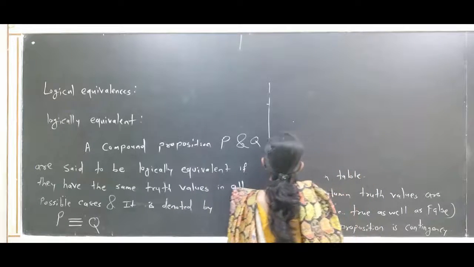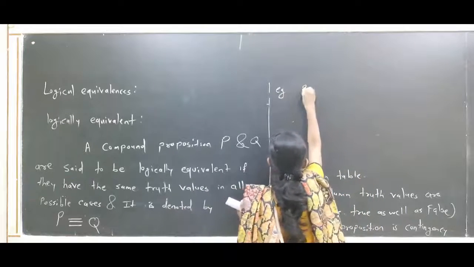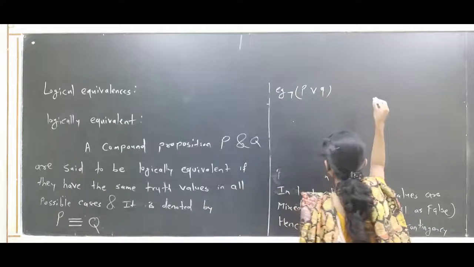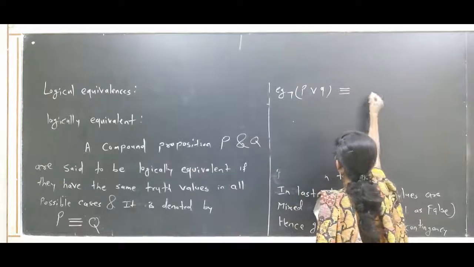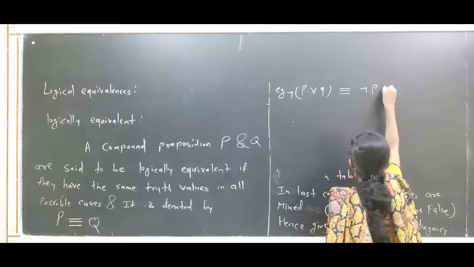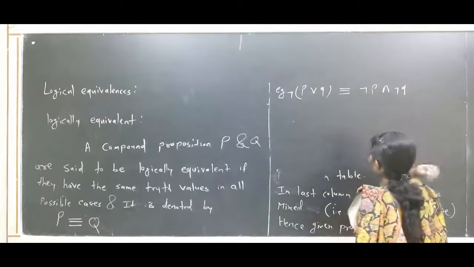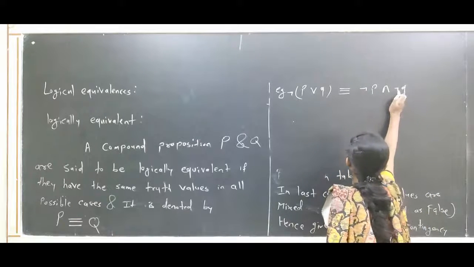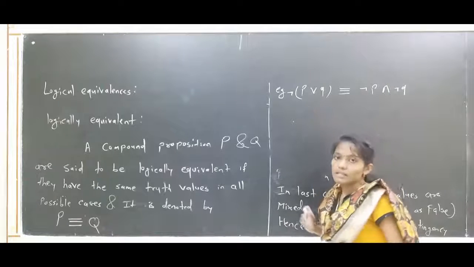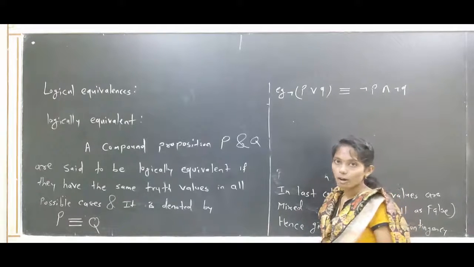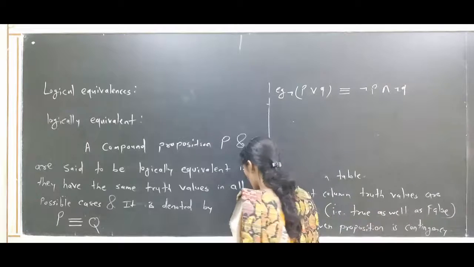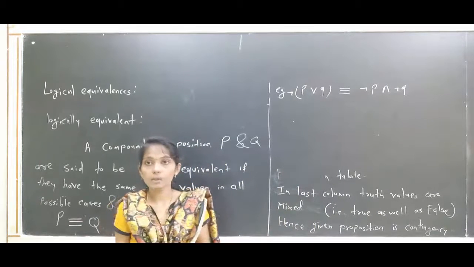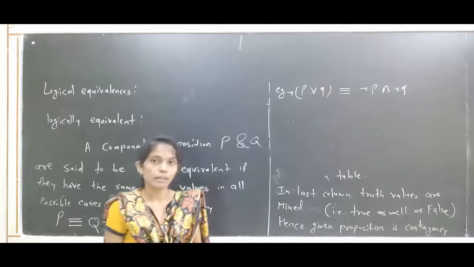Here we take negation of P or Q, which is logically equivalent to negation P and negation Q. This law is called De Morgan's law. Now we check whether these two compound propositions are logically equivalent or not.